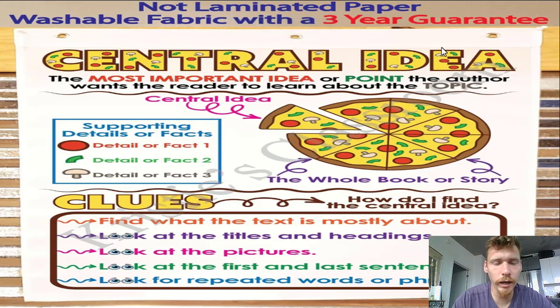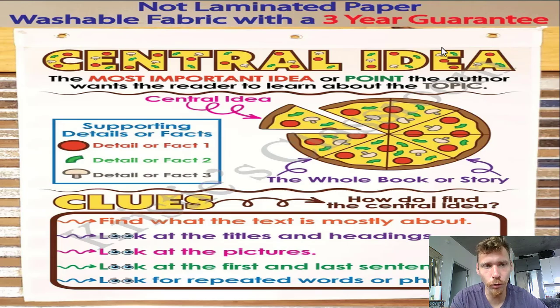So here are a couple of useful anchor charts that you can use in your classroom when teaching this skill. So this is visualizing central idea as a pizza, specifically the crust, holding everything together. And the toppings are the details or the facts. So the crust is supporting the details and the facts.